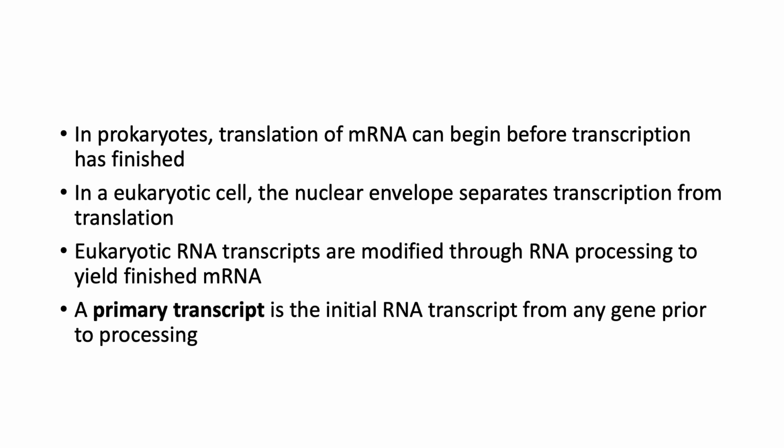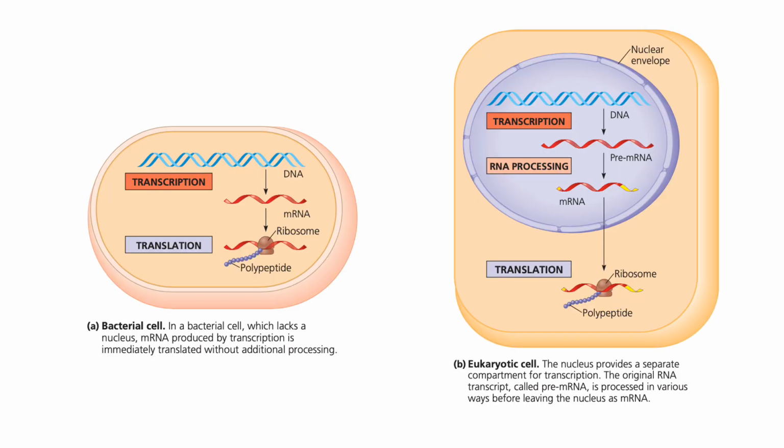After transcription, eukaryotic RNA transcripts are modified through RNA processing to yield finished mRNA. A primary transcript is the initial RNA transcript from any gene prior to processing. We have here a figure to differentiate the transcription and translation processes between prokaryotes and eukaryotes.